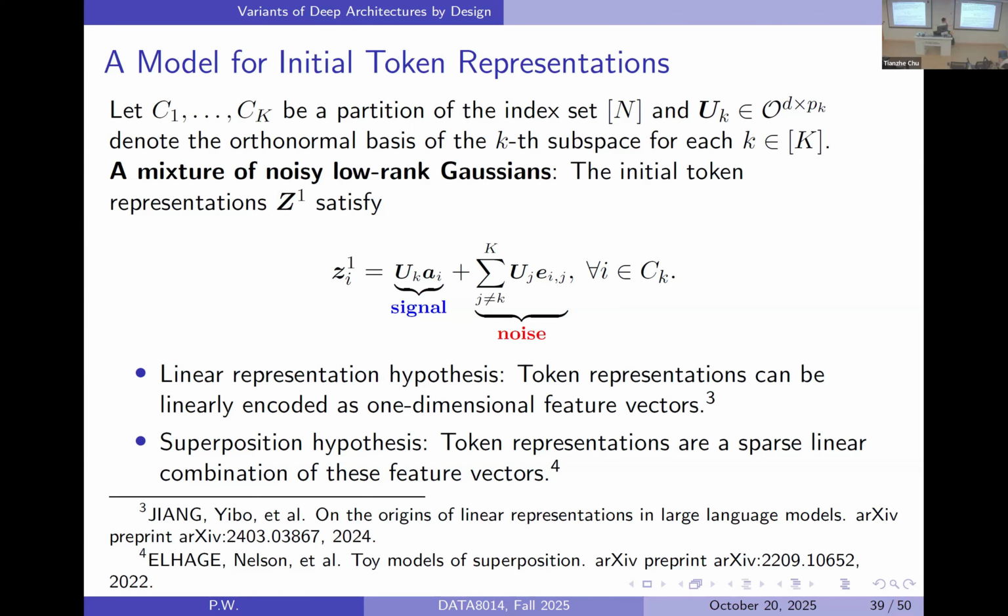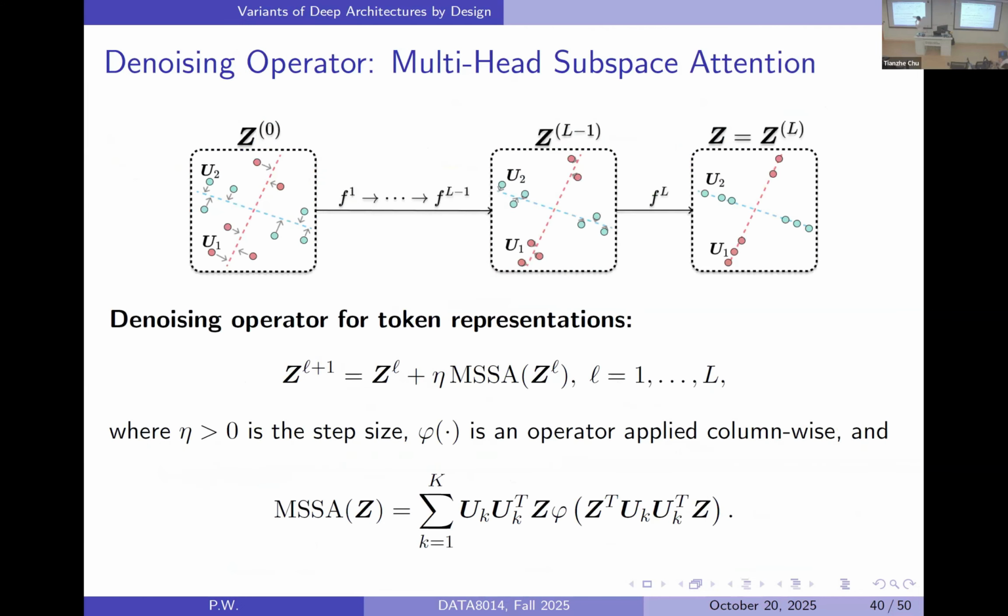Based on this model assumption, we can give a very interesting theoretical interpretation for the multi-head subspace self-attention operator. At the input layer, sorry, at the first layer, the features are near some linear subspace, but do not lie on the subspace because they are perturbed by this noise.